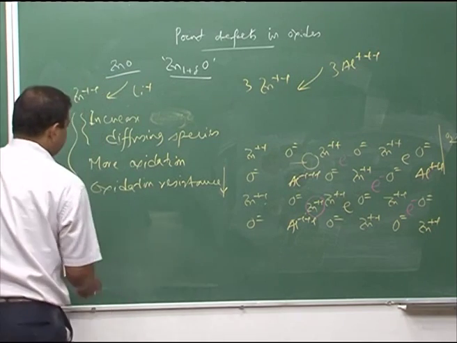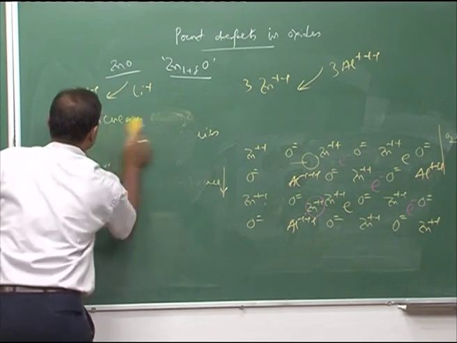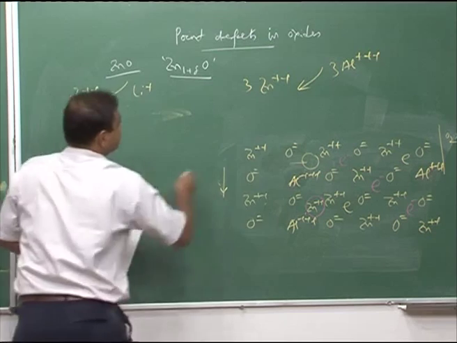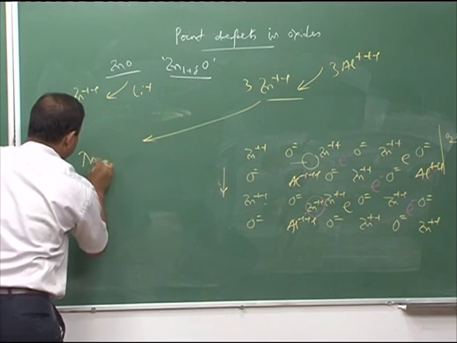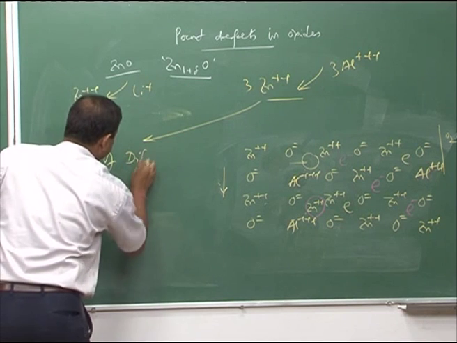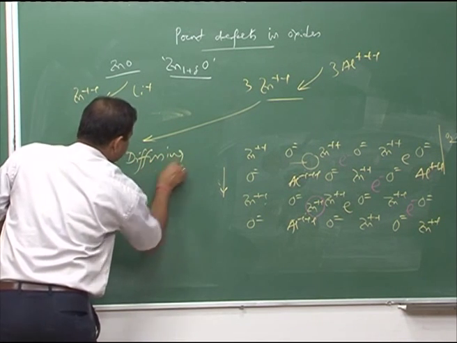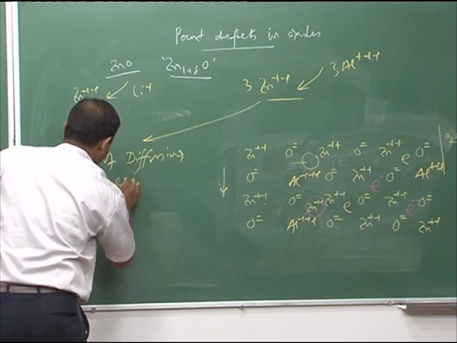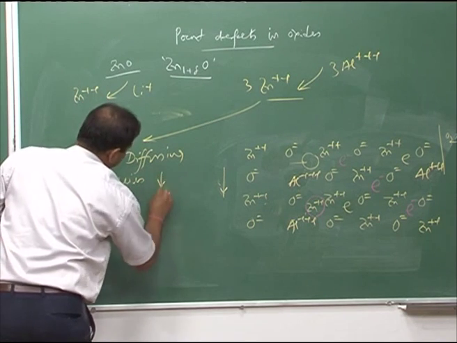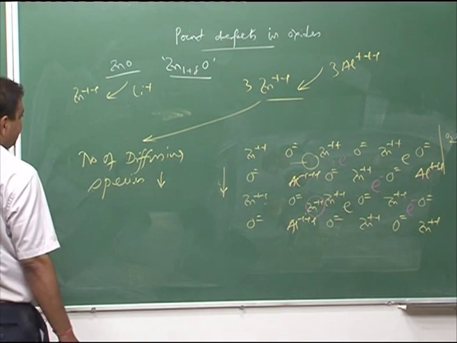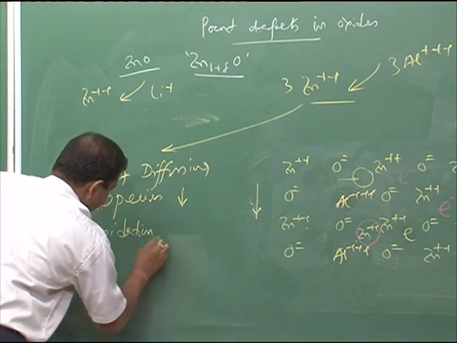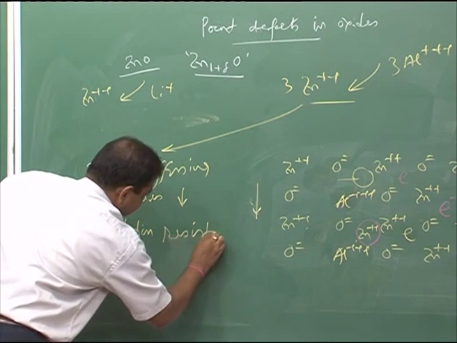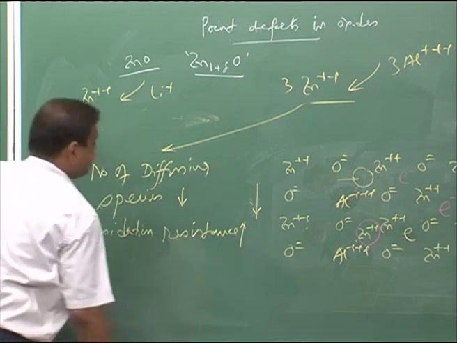Now, in this case we see that the total number of diffusing species is decreasing, and hence oxidation resistance would increase.